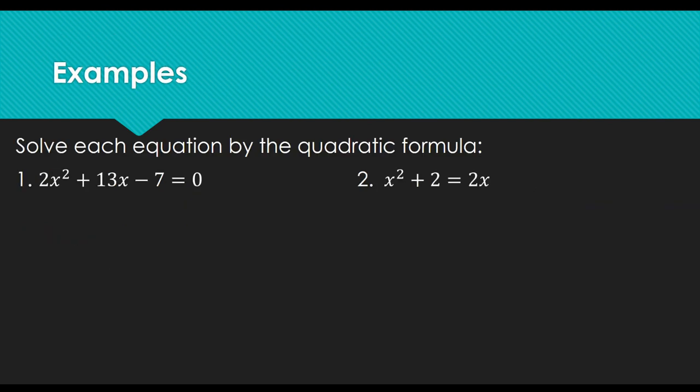Let's take a look at our examples. So we're going to solve each equation using the quadratic formula. Notice that in the first one, it's already in our general form, which means that we can identify a, which is with the x squared term, b, which is with the x term, and then the c value is our constant. So once we've done that, we can substitute it into our formula.